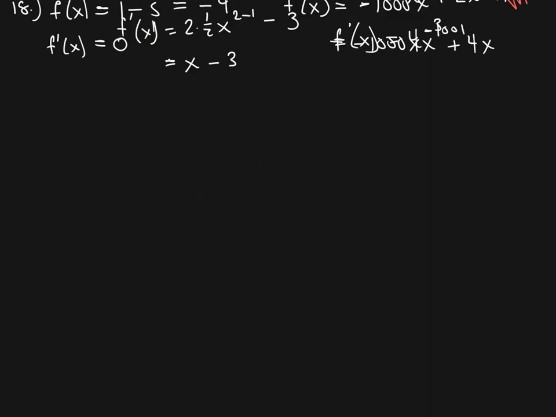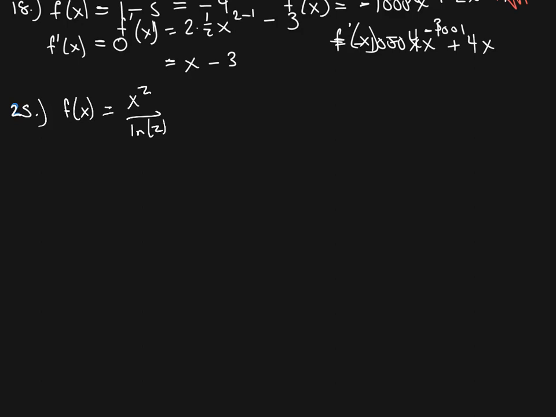Moving on. Problem number 25. So for 25, let me change back to white. For problem 25, we have f of x is equal to x squared over the natural log of 2. Now, the natural log of 2 is simply a constant term, right?